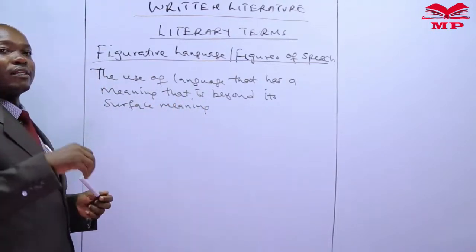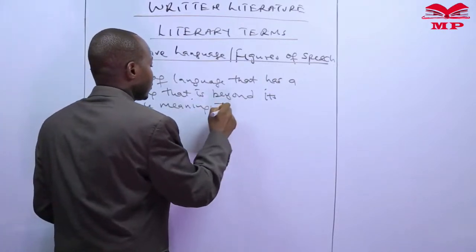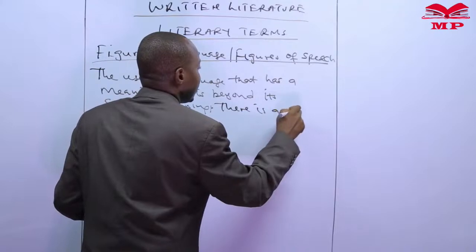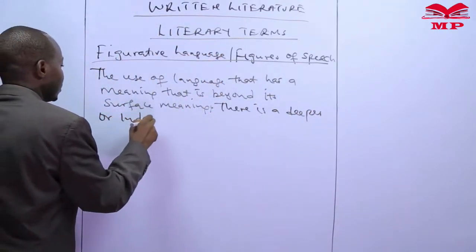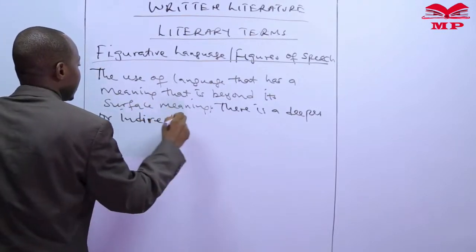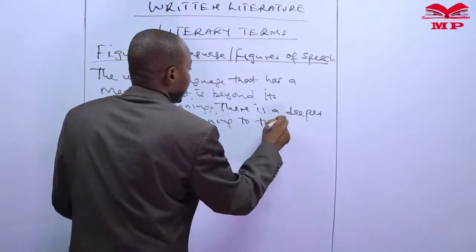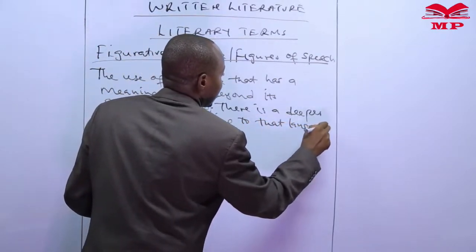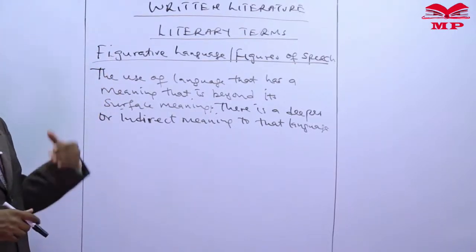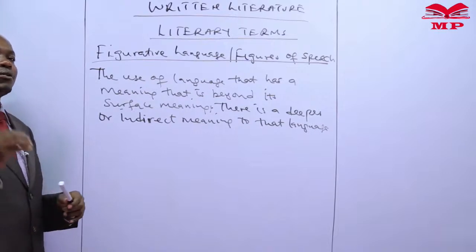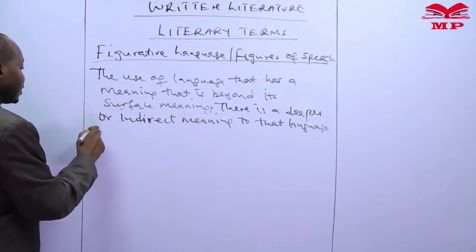In other words, there is a deeper or indirect meaning to that language. You call that figurative language. And under this, there are 4 terms under figures of speech. Number 1 is a simile.